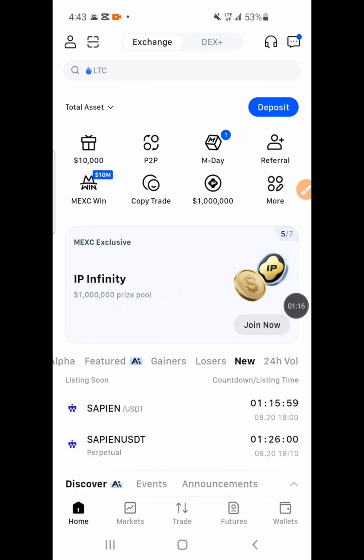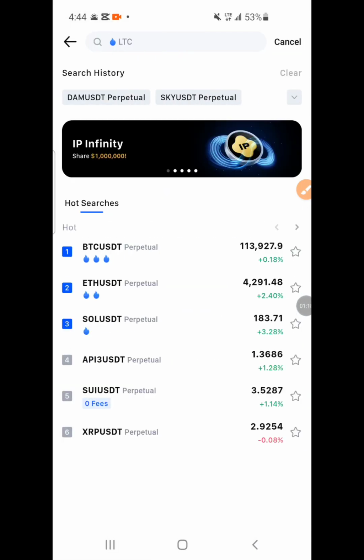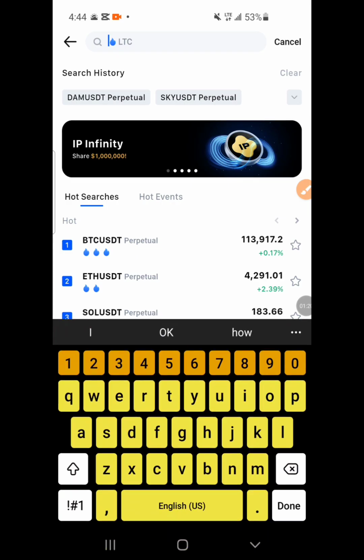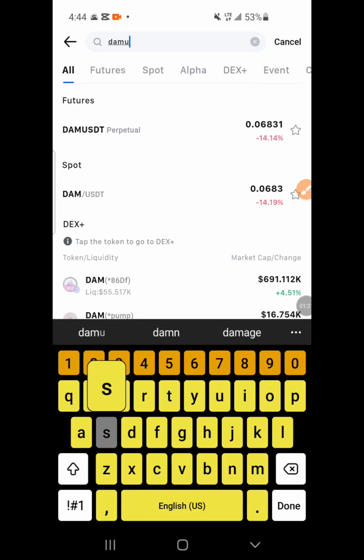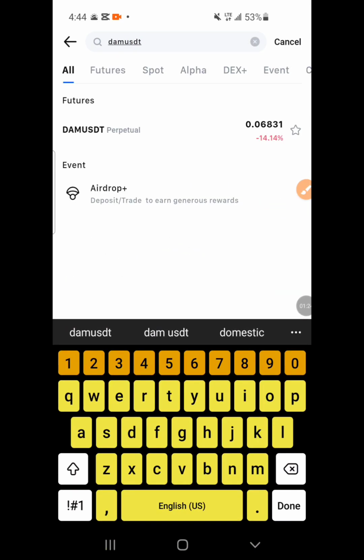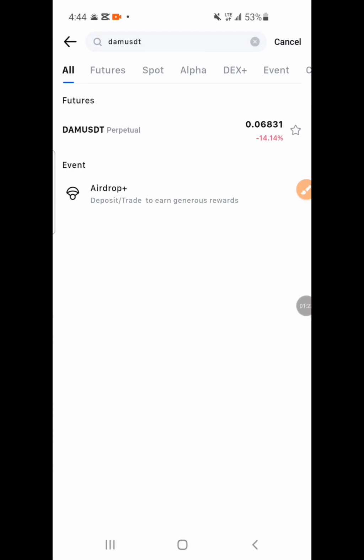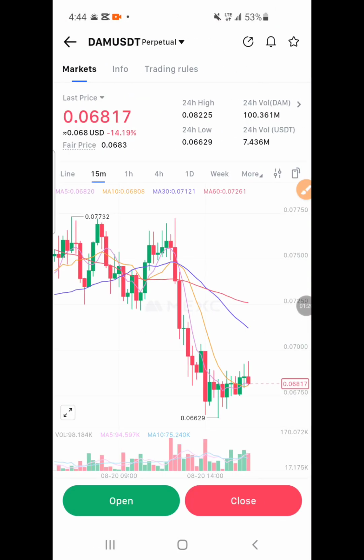So for this tutorial, I'm going to be making use of DAM USDT, DAM, then USDT. Okay, so I'll just click on it right now. Okay, now the next thing you have to do as an experienced trader, very important, is to carry out your technical and fundamental analysis, and then decide on which entry you want to make on this pair coin.